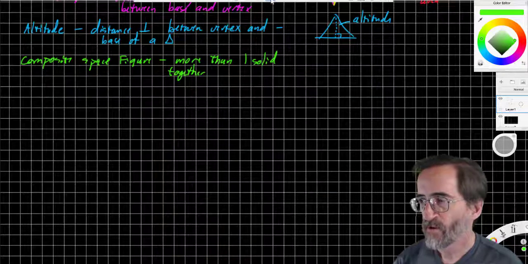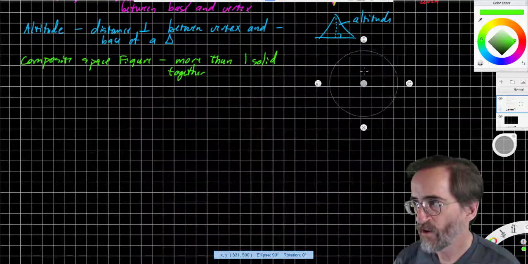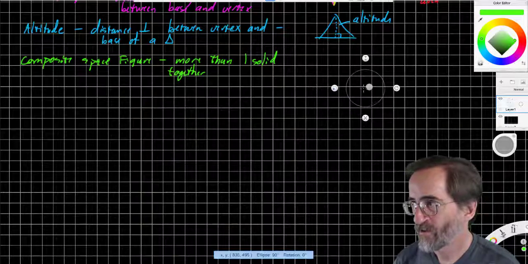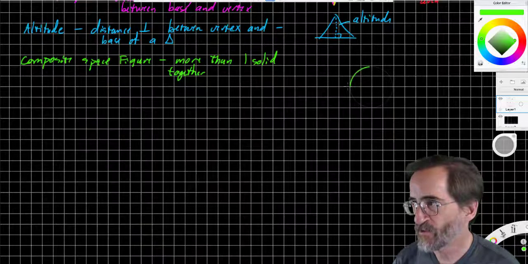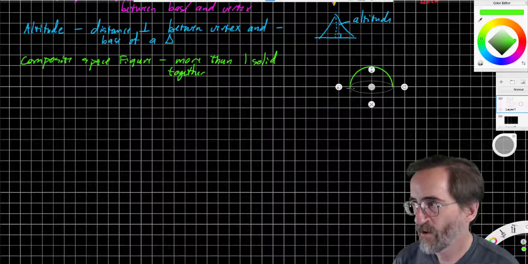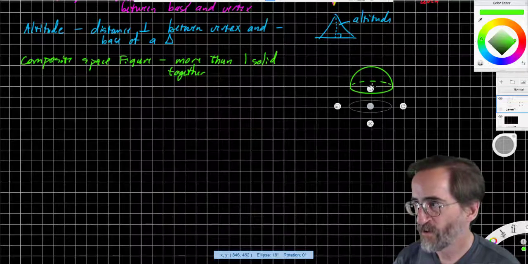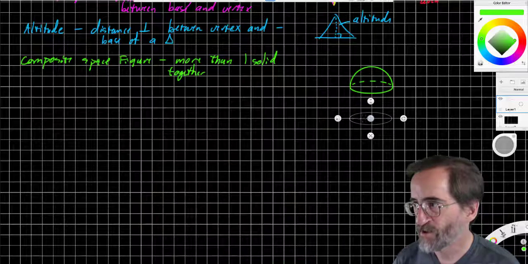Okay. For this, I'm going to draw a barn silo. It consists of a semicircle and a cylinder. You might also think of it as a bullet shape.